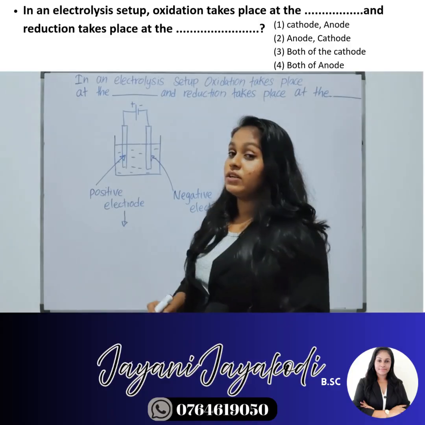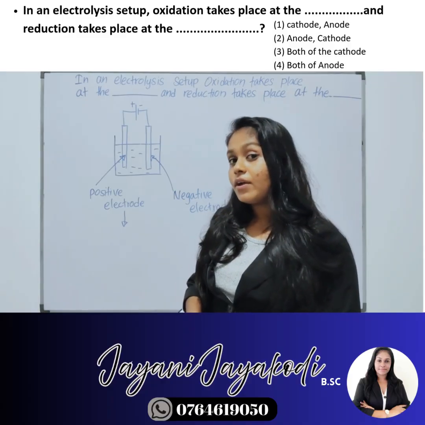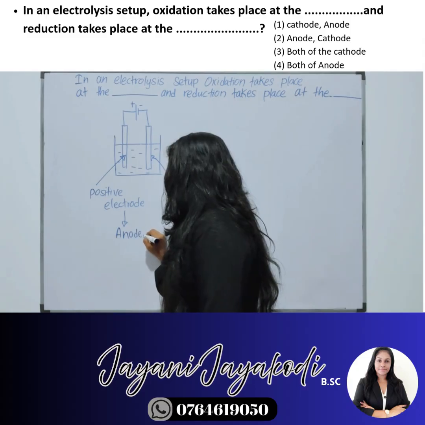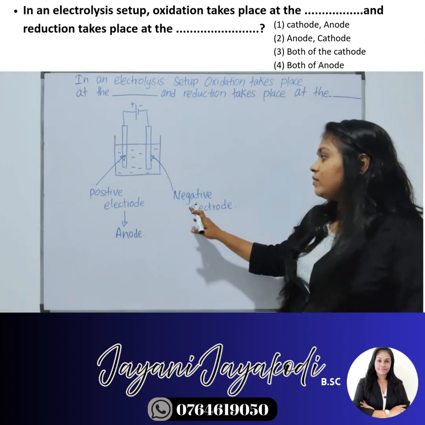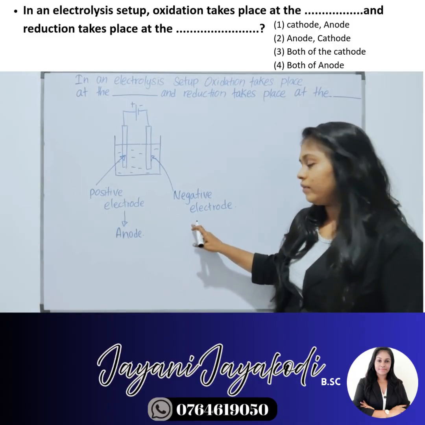We are using a special name for the positive electrode. What is the name that we are using? Anode. And when you take the negative electrode, here we name it as cathode.